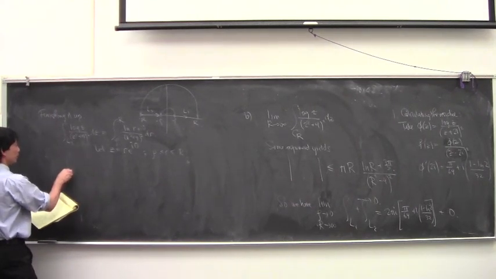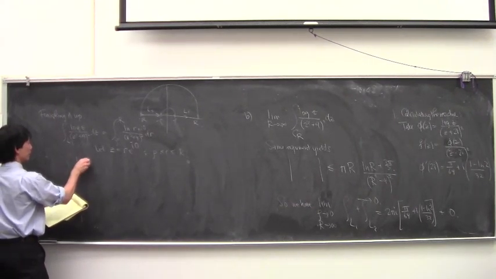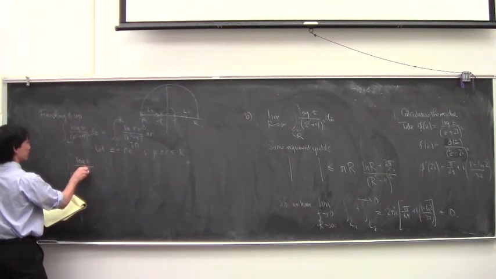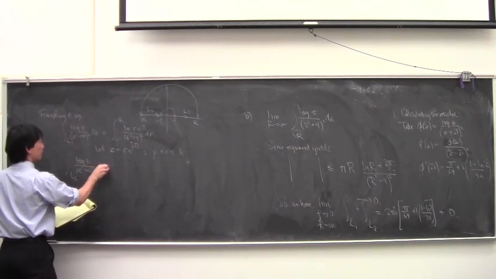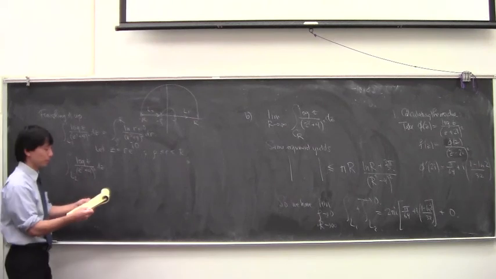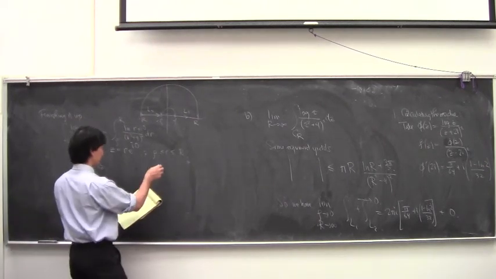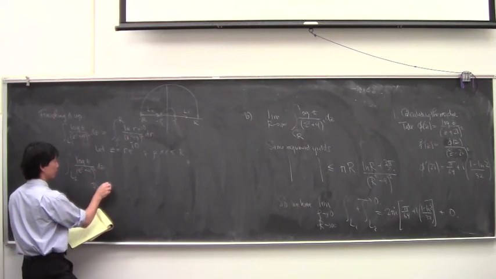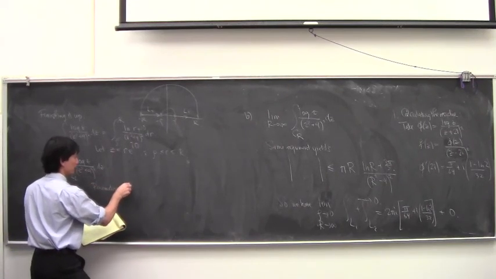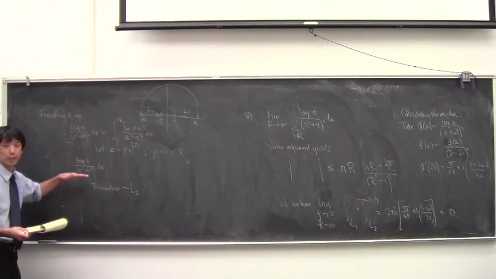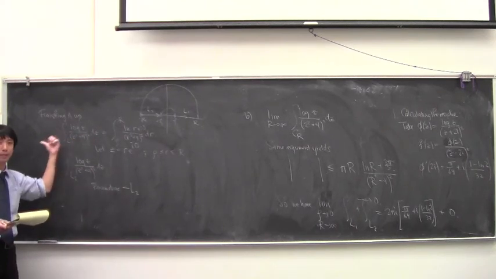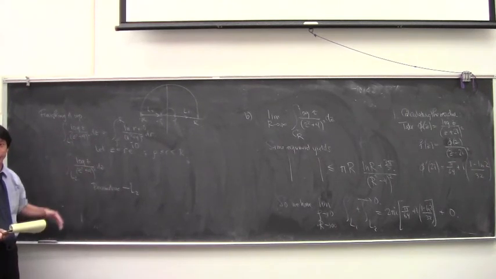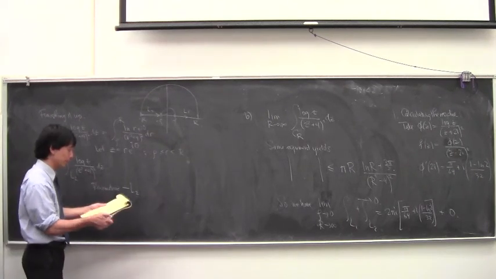And then for the other one, we'll do something a little bit funny. Let's parameterize negative L2. So we're going to do L2 in the opposite direction, and you'll see why in a second. It works out more nicely that way.